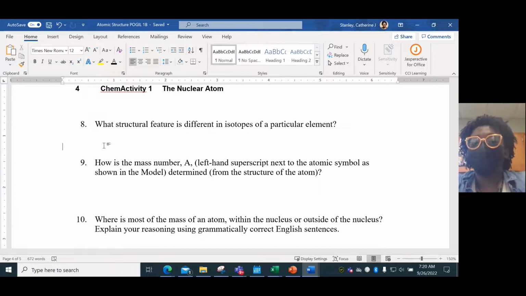Okay. It is different. That's good. But what structural feature? I want to know specifically. The number of neutrons. Good job. And that affects the mass number. So yes, but it's asking about the feature. So that feature would be the number of neutrons.